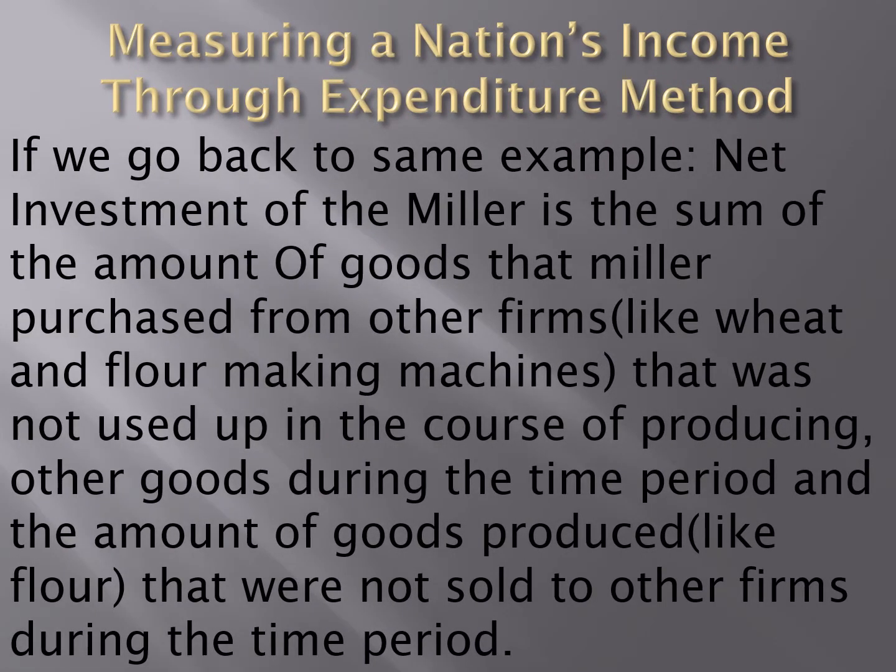If you go back to the same example, the net investment of the miller is the sum of the amount of goods that the miller purchased from other firms like wheat and flour-making machines that were not used up, the cost of producing other goods during the time period, and the amount of goods produced like flour that were not sold to other firms during the time period.